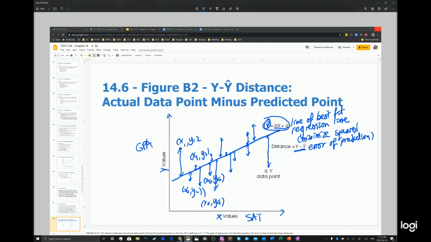And this formula here is your regression line. You see, if we draw other lines, let's say I draw a line like this, some points would have a smaller error of prediction now, but when you add all these up, it would produce a larger squared error of prediction because it doesn't fit all the points as well as the regression line.